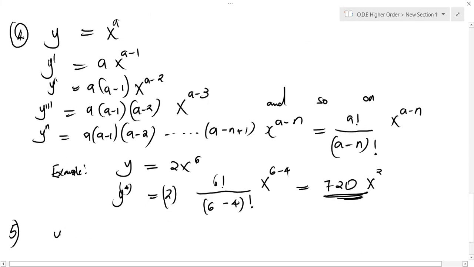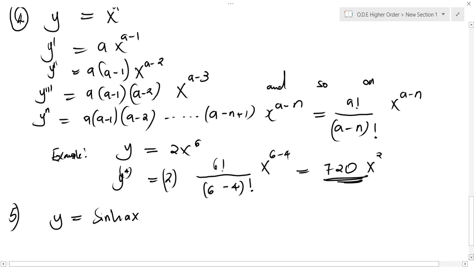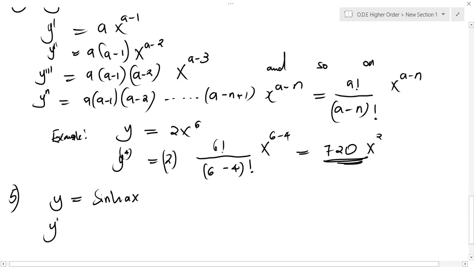Okay, number 5, let's have our y being equal to sine hyperbolic ax. Then what's our y prime? So our y prime will be a cos hyperbolic ax.